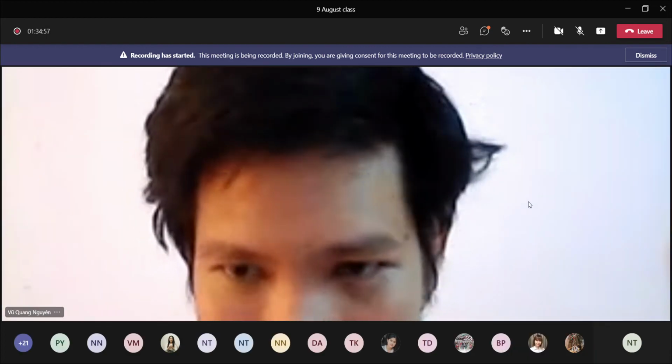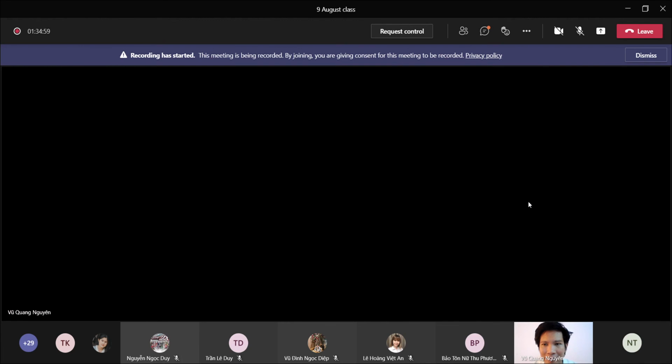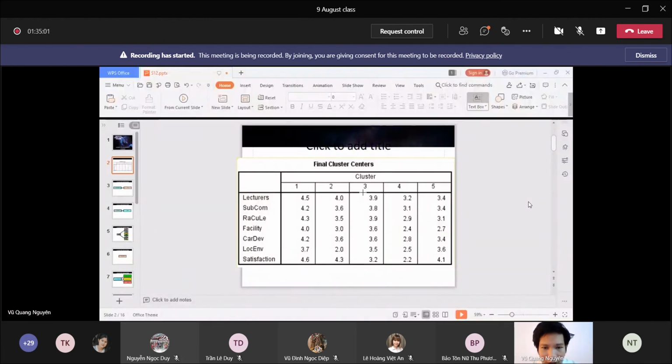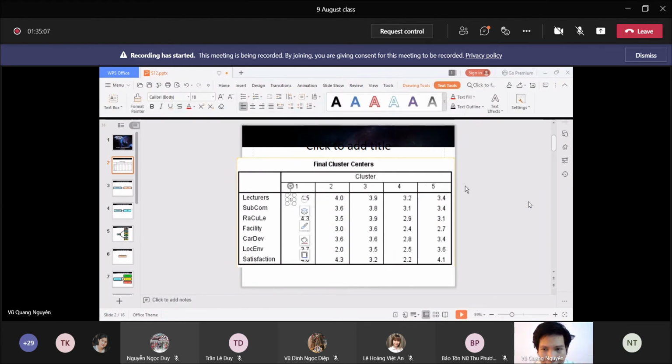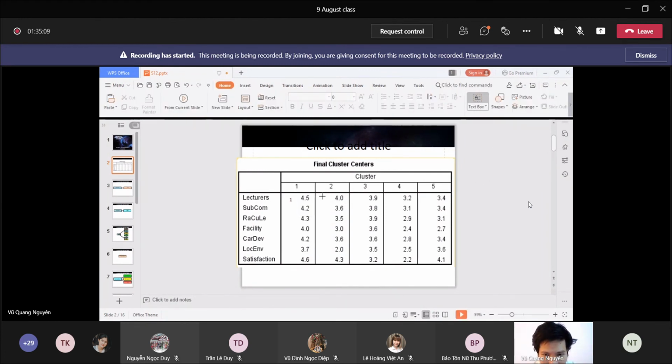Now go to the PowerPoint. So in lecturers, which one is the highest? Cluster 1, right? 1. Then cluster 2, 2. Then cluster 3, 3. Then cluster 5, 4. And then cluster 4, 5.